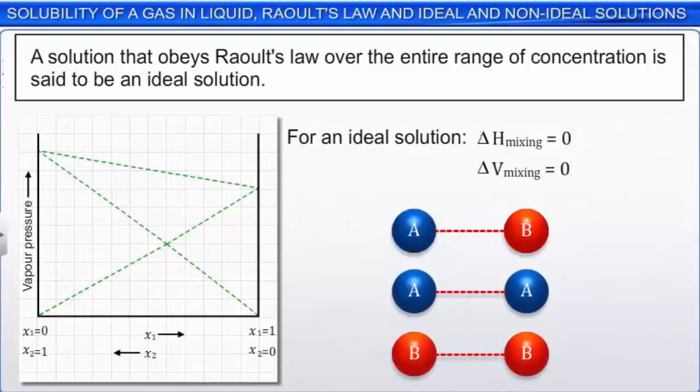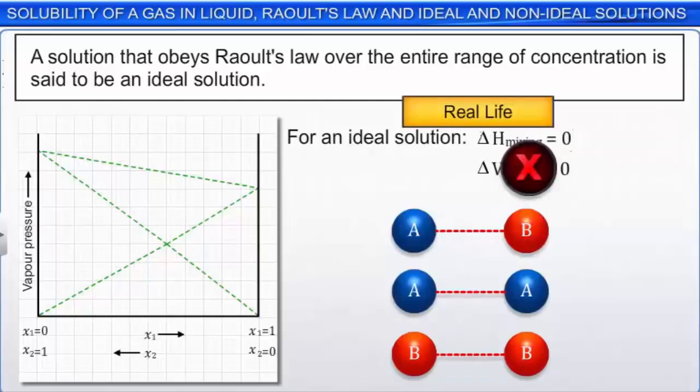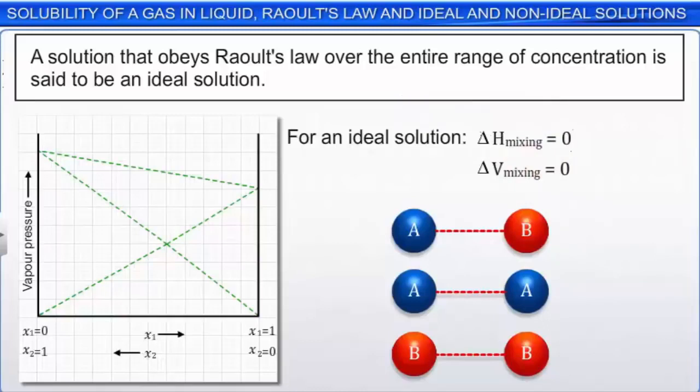However, in real life, there is actually no such thing as an ideal mixture, but some liquid mixtures get fairly close to being ideal. These are mixtures of two very closely similar substances.